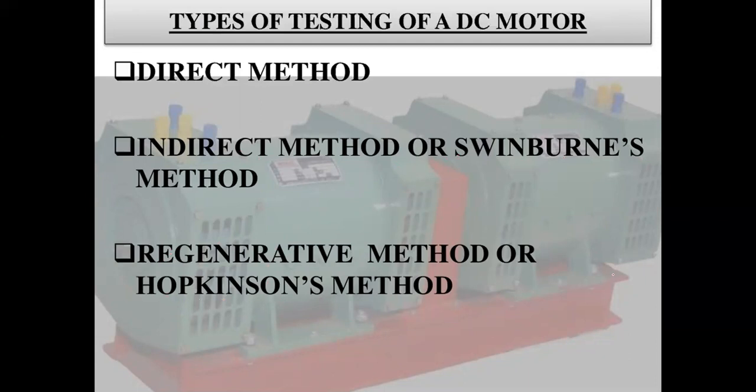We will not put full load on these machines. We will know these constant losses and substitute them in the mathematical equation for any load, means half load, full load or 3/4 load.